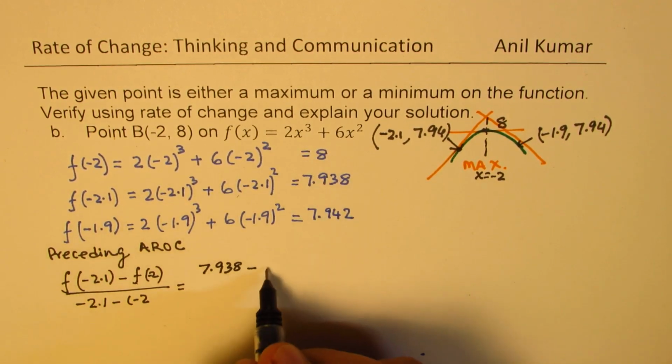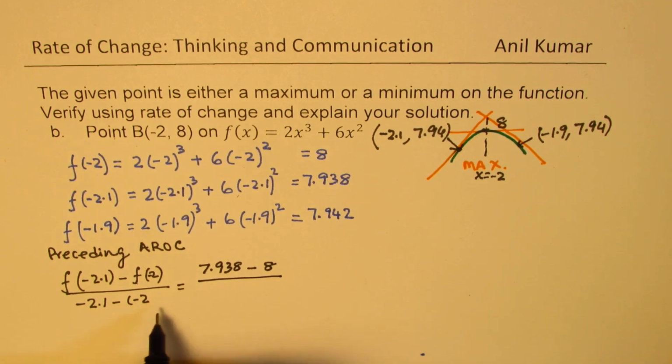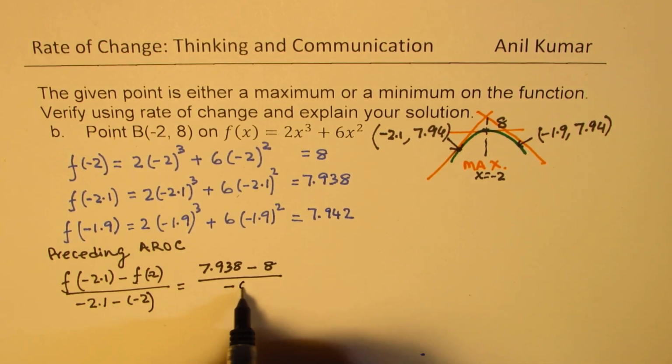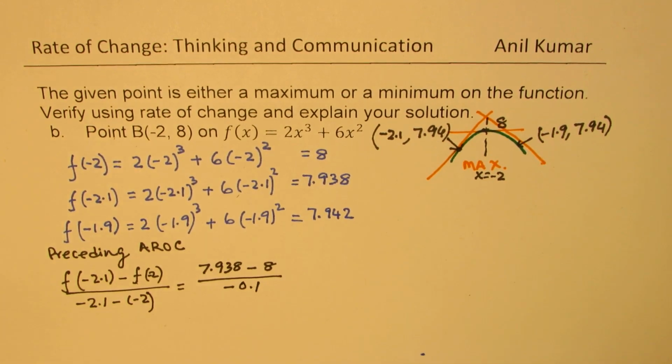Take away the value 8, and in the denominator we get -0.1. Let's calculate this.